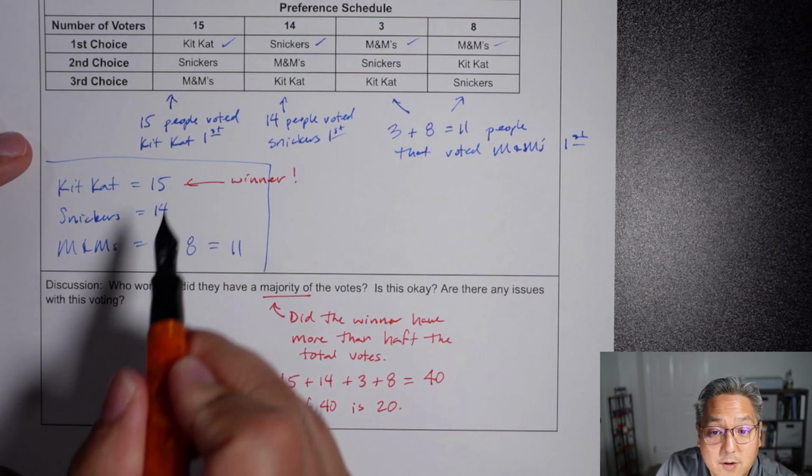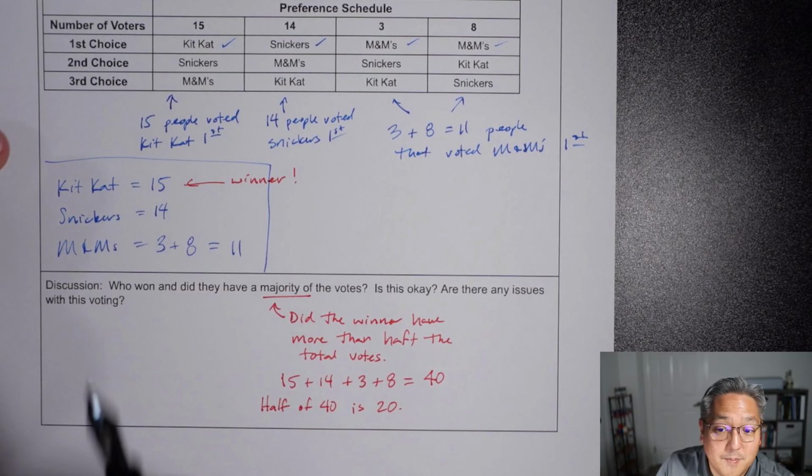Did Kit Kat get more than 20 votes? Kit Kat did not get more than 20 votes, which means to me that they didn't have a majority of the votes. So what's interesting here is that in this process, our winner didn't actually win more than half of all votes that were cast.